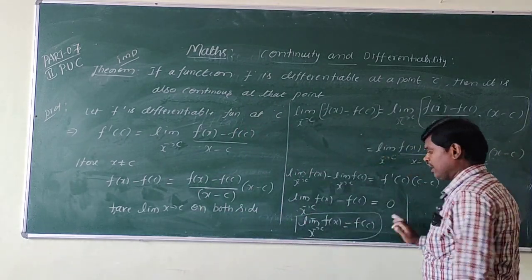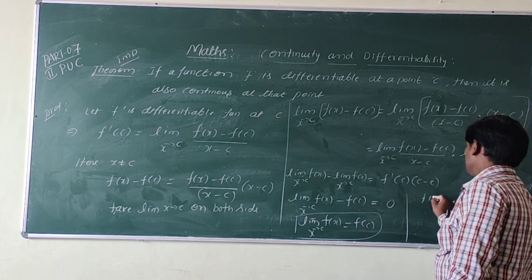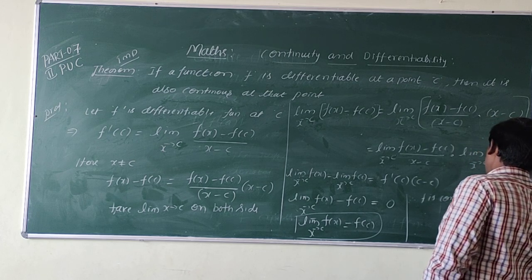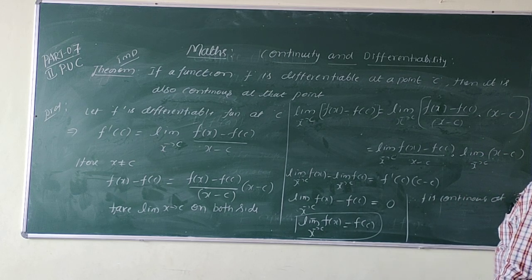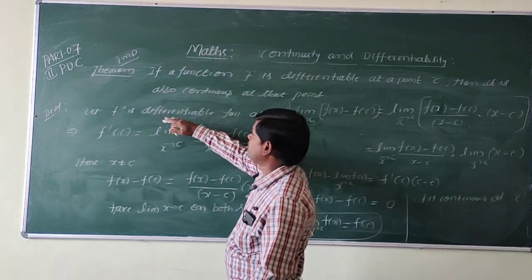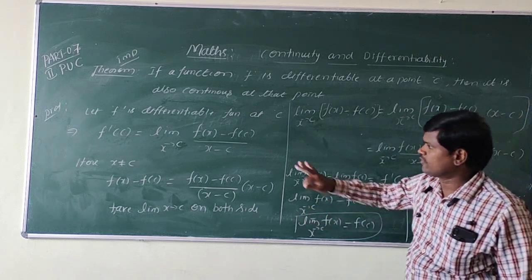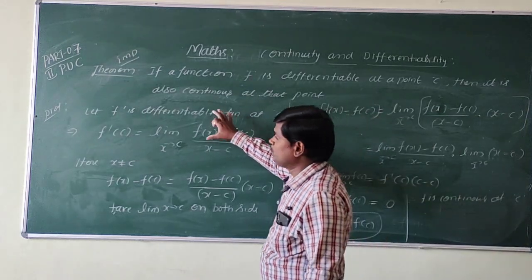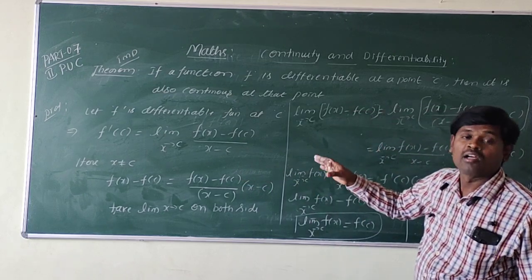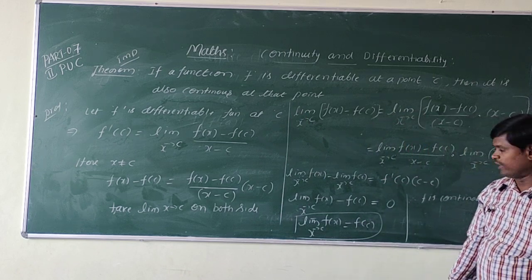So f is continuous at the point c. I am considering the function f to be differentiable, and by using this I prove that if the function is differentiable at x equal to c, it is also continuous at the same point.